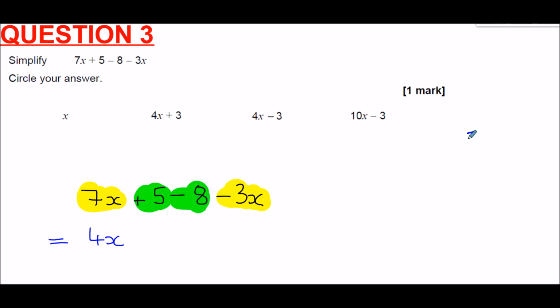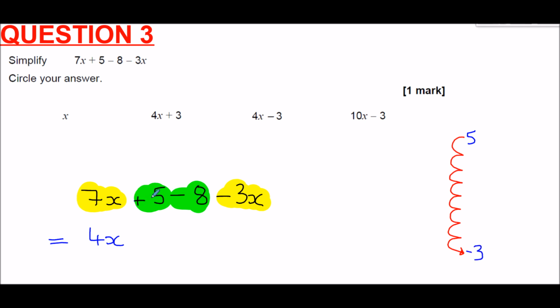So if we start at 5 and take away 8, take away 1, we go to 4, 3, 2, 1, 0, minus 1, minus 2, minus 3. And so if we start at 5 and count down 8 places, we'd end up at minus 3.